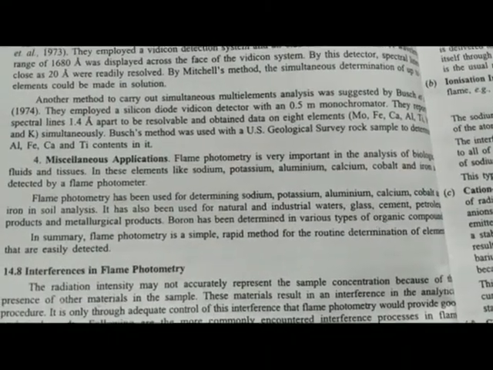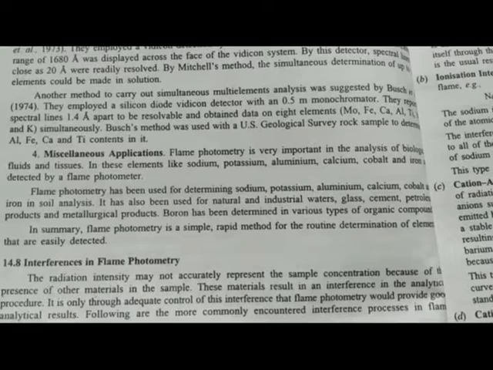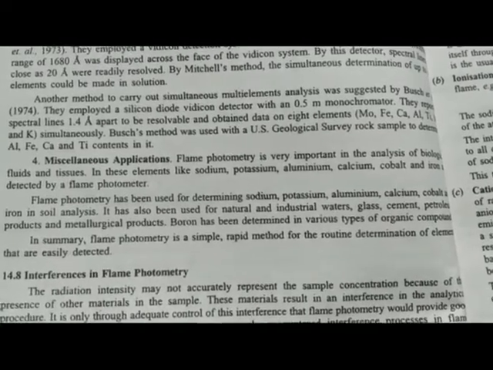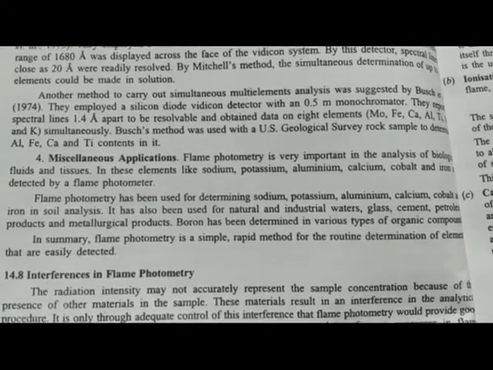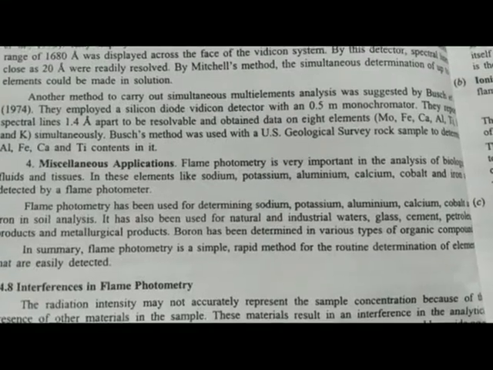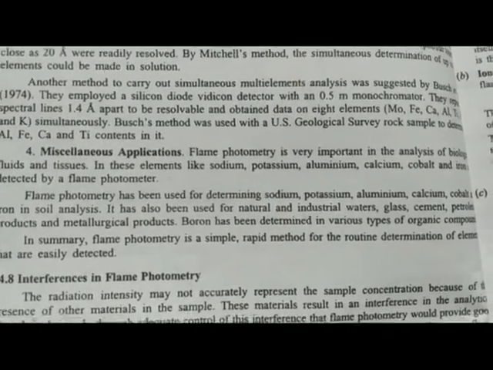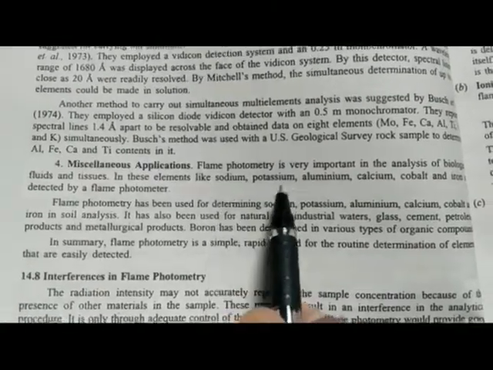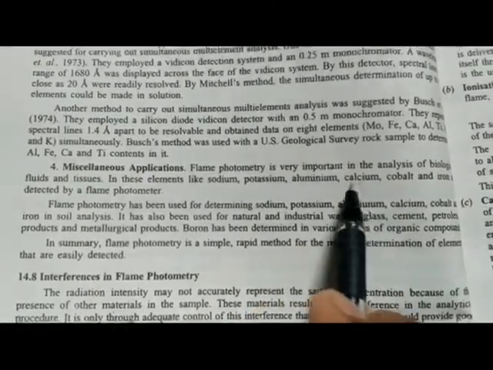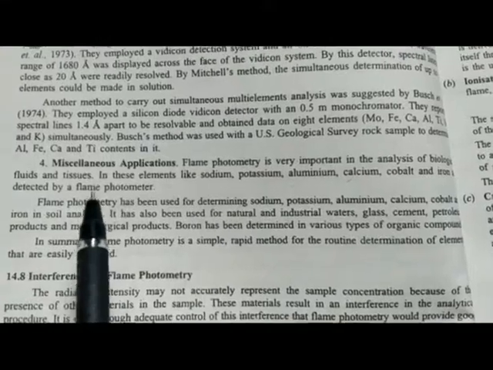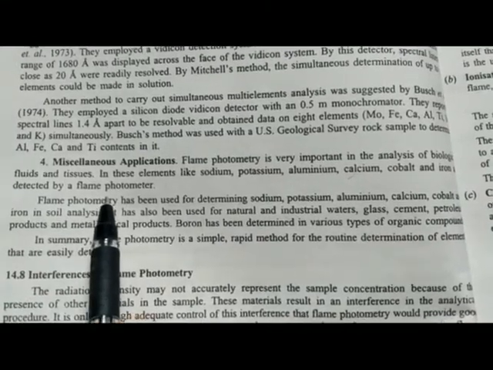Some other applications of flame photometry: it is a very important technique in the analysis of biological fluids and tissues. In tissues, we determine sodium, potassium, aluminium, calcium, cobalt, and iron by flame photometer.